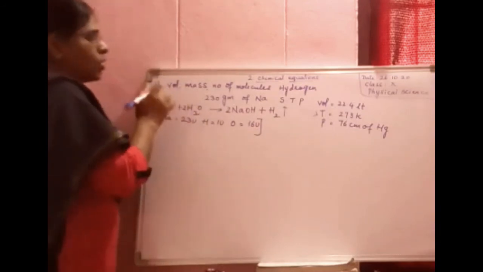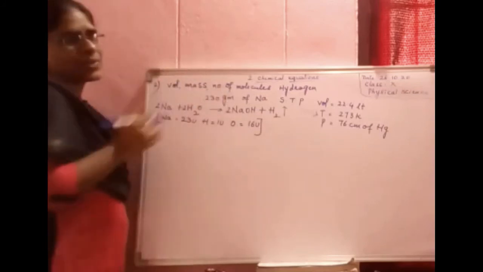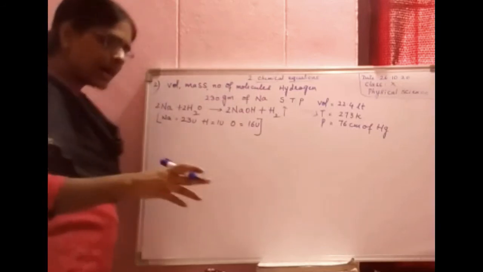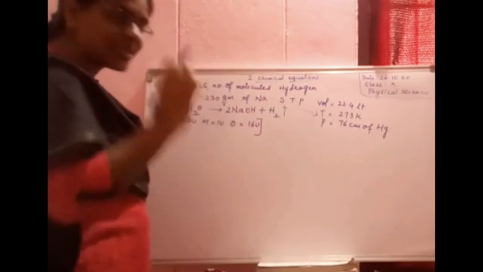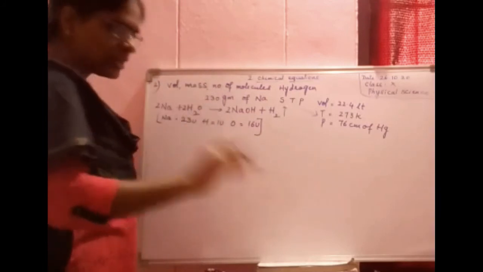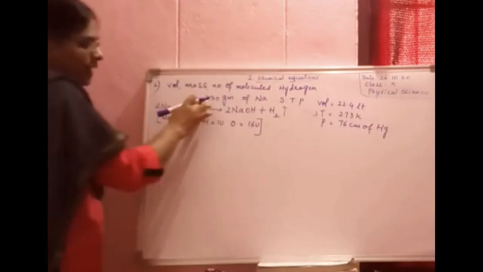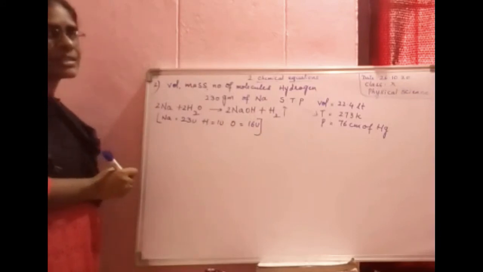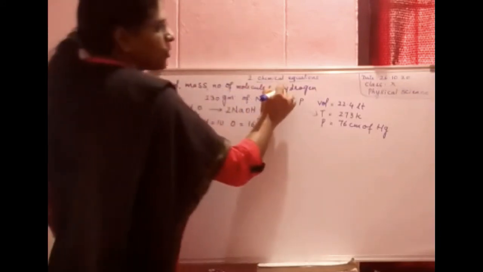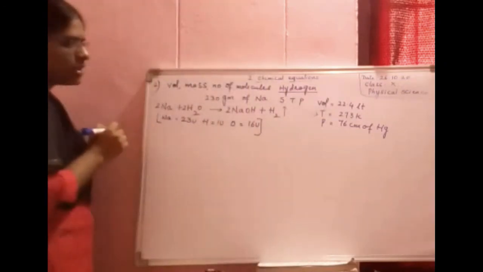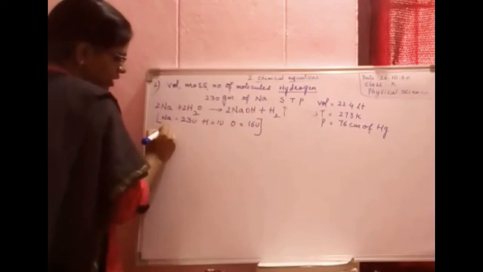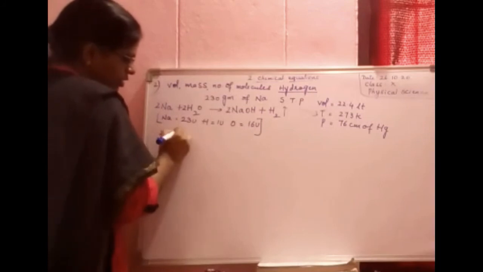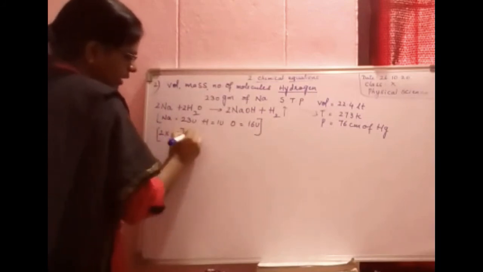Now, whose volume and mass do we need to calculate? The problem is to calculate the volume, mass and number of molecules of hydrogen liberated when 230 grams of sodium is reacting with excess water. We need to find it for hydrogen. Now from the equation, 2 into sodium's atomic weight 23 grams.